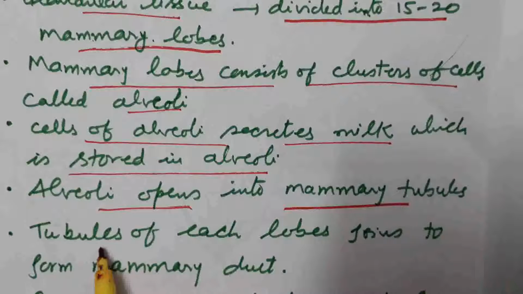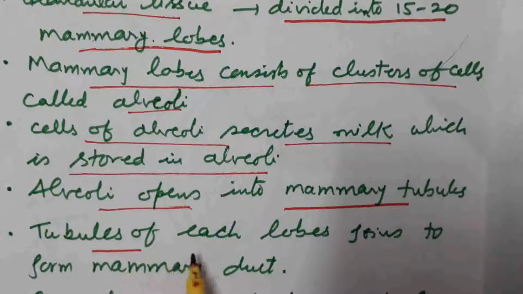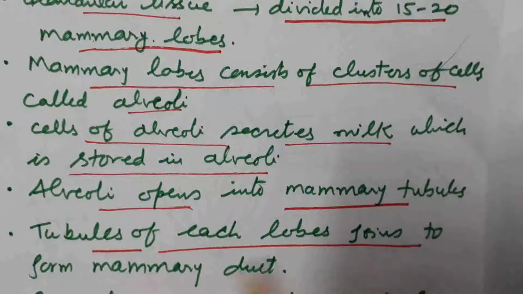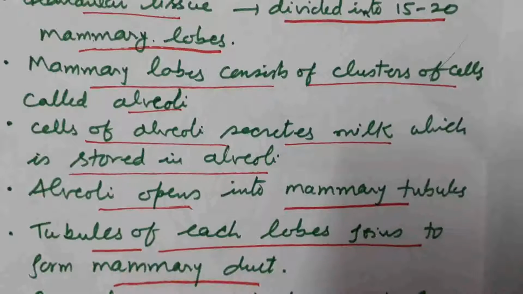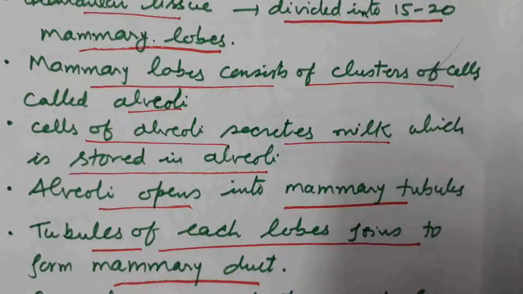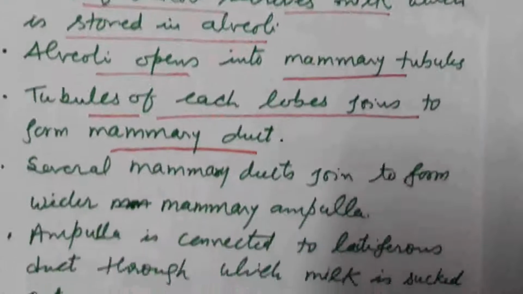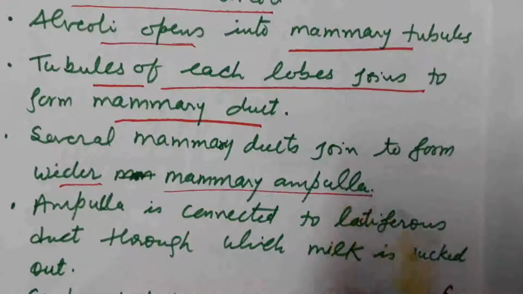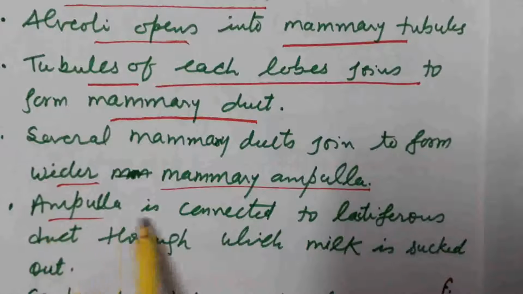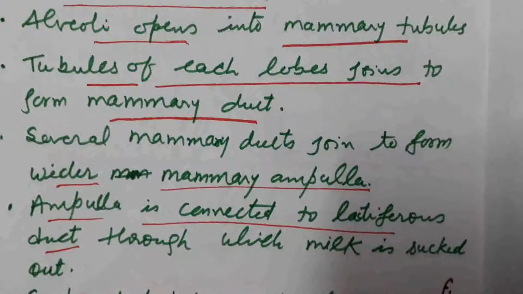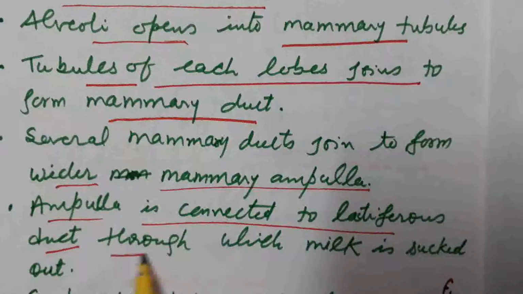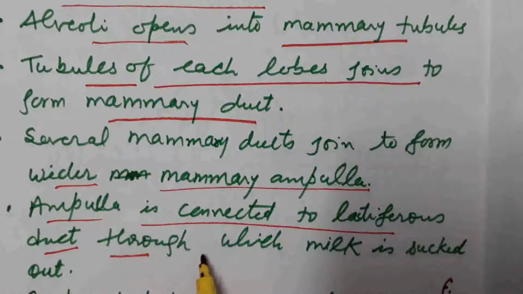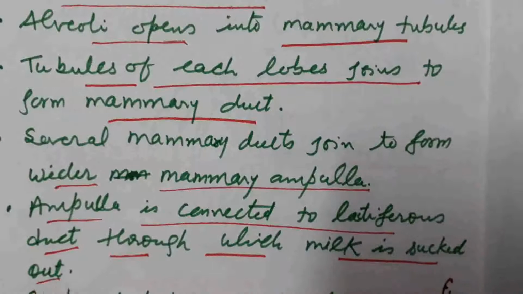Tubules of each mammary lobe join to form the mammary duct. Several mammary ducts join to form the wider mammary ampulla. Ampulla is connected to lactiferous ducts, and through this lactiferous duct, milk is sucked by the newly born child.